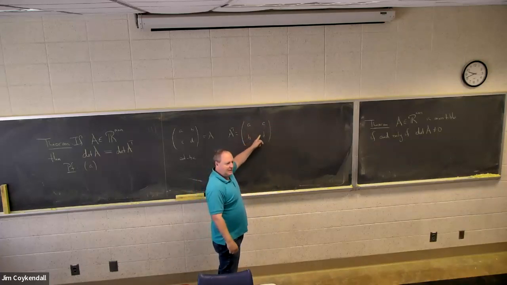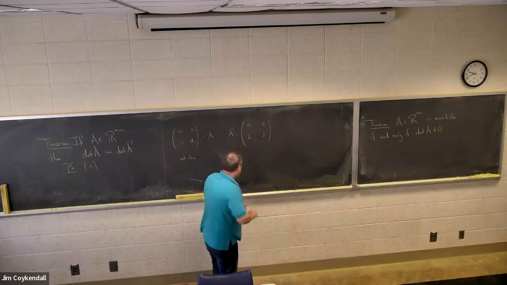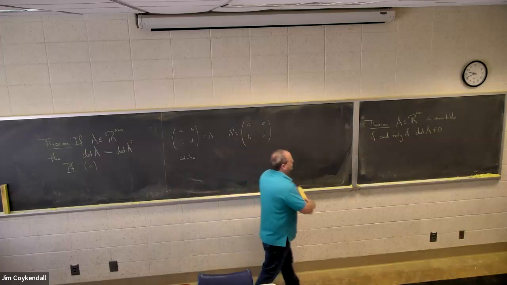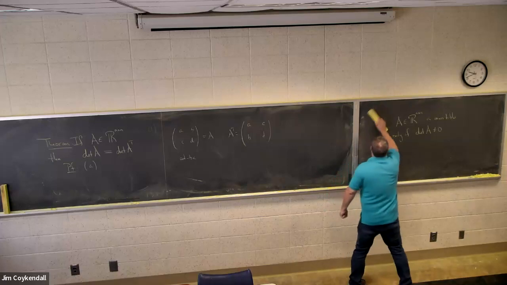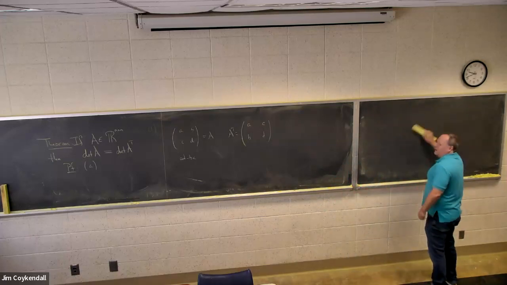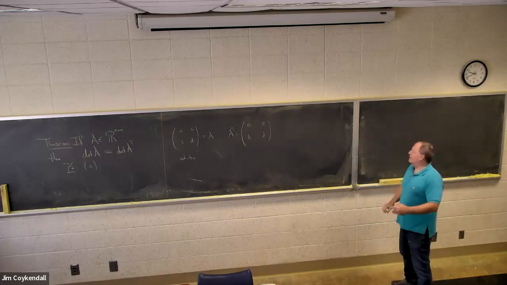A, B, C. So it works for 2-by-2 as well. Everybody agree with me? This still, I don't think, is painting a very clear picture. So let's look at 3-by-3s and see what happens, because 3-by-3 is the first time that it's a little bit nice.